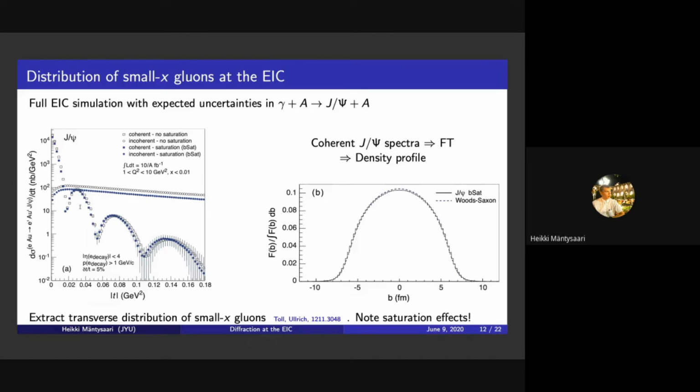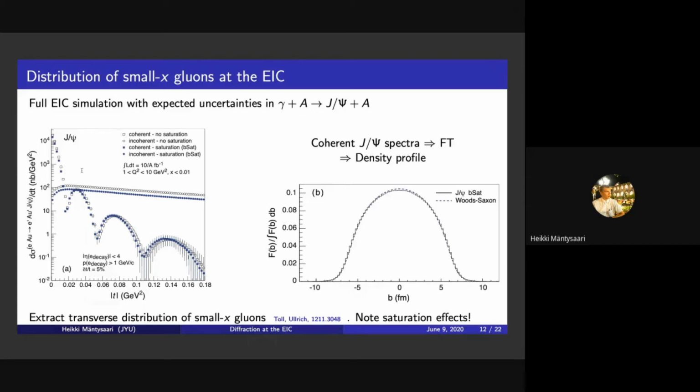The difference between the solid and open symbols is whether nonlinear or saturation effects are taken into account or not. And as I mentioned, this coherent cross-section is sensitive to the average distribution of small x gluons.